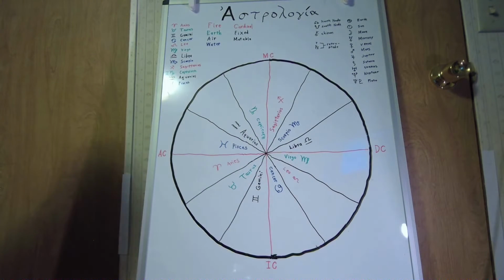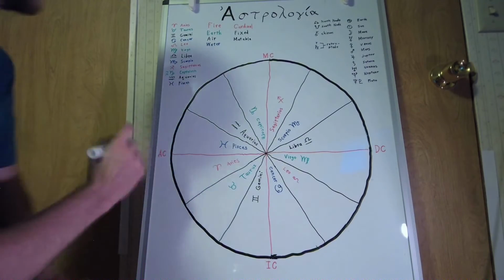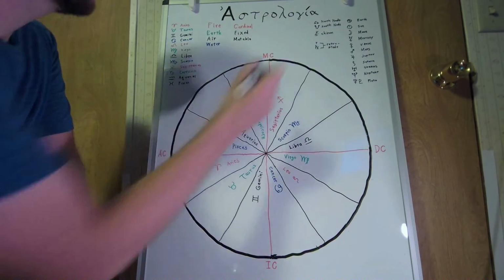So let's go over the signs. Let's start with Aries. Aries the ram.